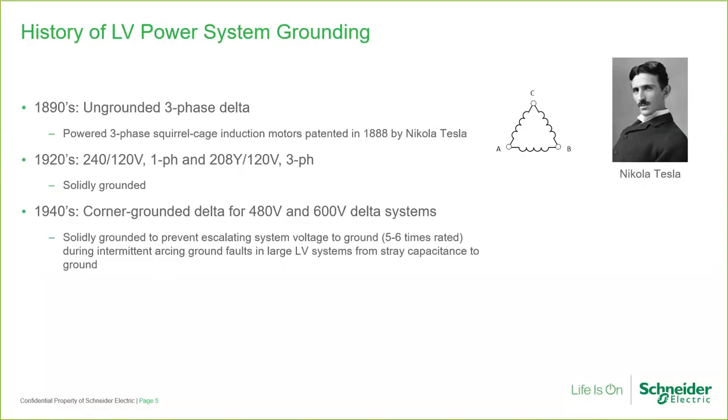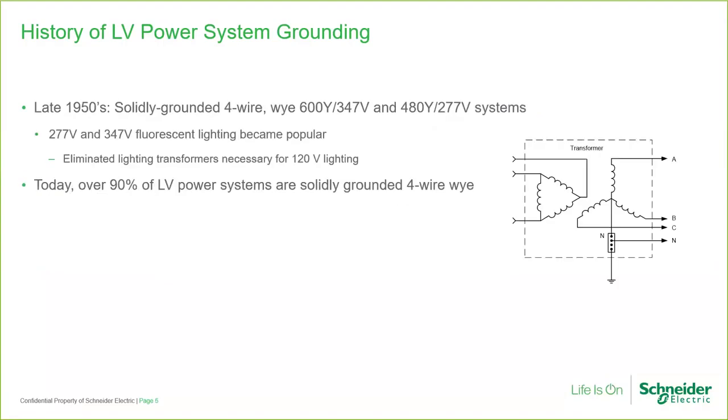Also, later on in the 1940s, corner grounded delta 480 volt and 600 volt systems became popular to solidly ground delta systems. Large delta ungrounded distribution systems are susceptible to damaging line to ground voltage escalation on an intermittent arcing ground fault.